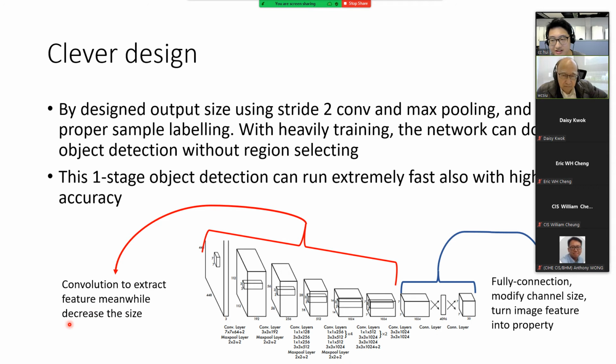Meanwhile, it decreases the size to 7x7, and then the fully connected layer is introduced. It resizes the input into 30 channels. Here the input is 1024 channels, but the output is 30. So the fully connected layer is there to modify the channel size, so it can turn the image features into the properties we have just talked about.